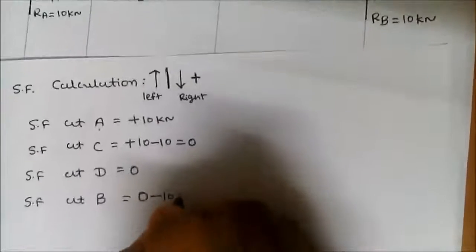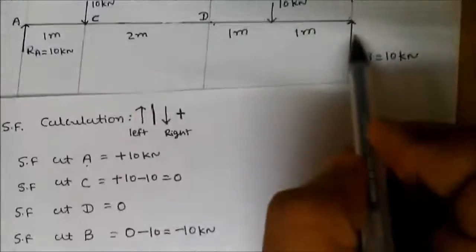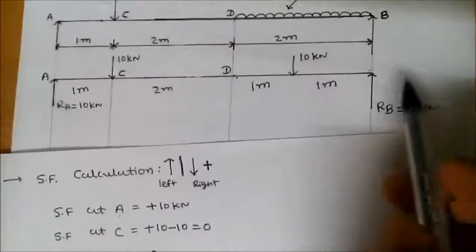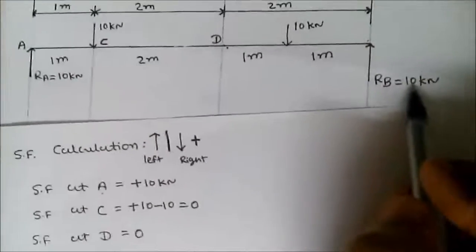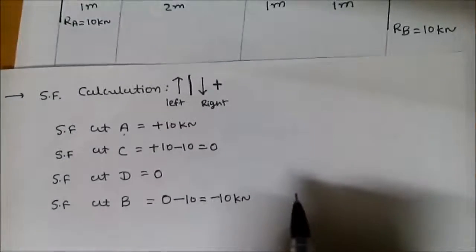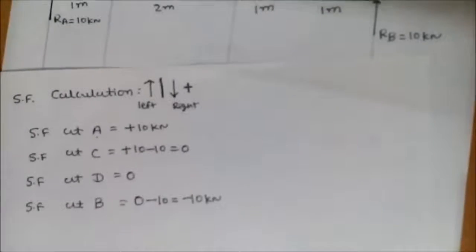So here answer is minus 10 because we don't consider this last point force, but by add this, this force goes upward means plus 10. So our answer minus 10 plus 10 is equal to 0. Then last shear force value must be 0. Then our calculation is right.